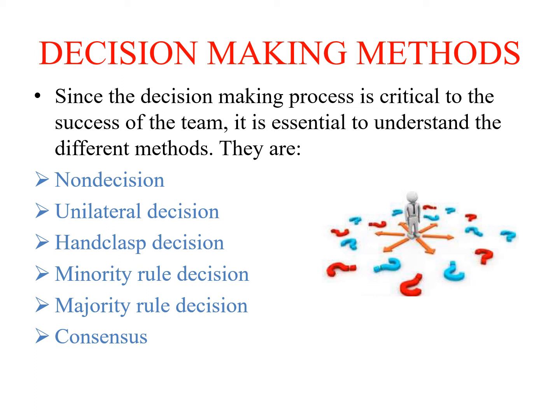Next, minority rule decision. So what is this minority rule decision? There are some selected people involved in the discussion of decision making that rule their decision over the majority. This happens in some organizations where some individuals take responsibility and need to avoid conflict in an organization.